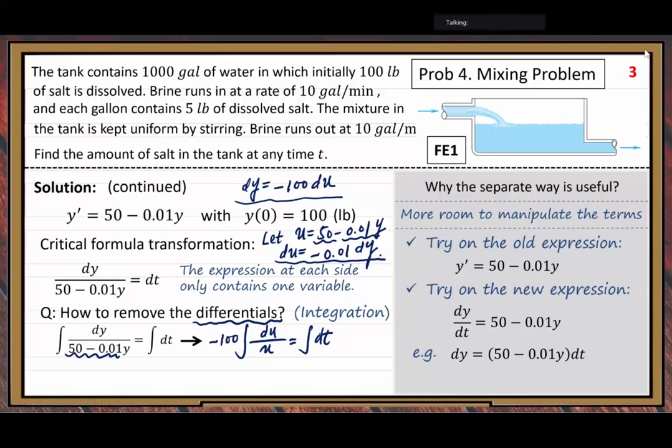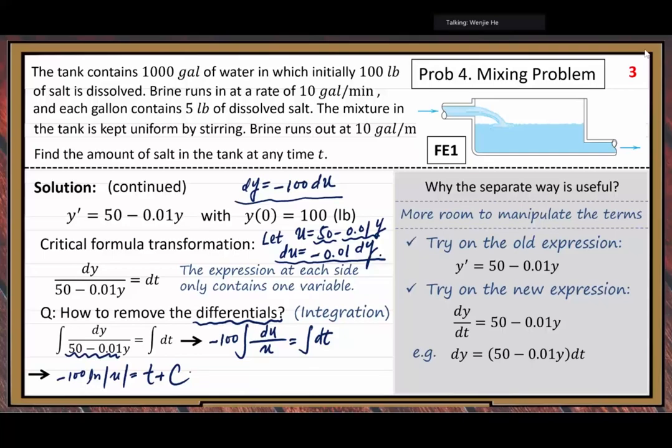So our next step, we can get negative 100 natural log absolute value of u, right? Don't forget this absolute value. Equals, what's that? t, right? Plus constant C.